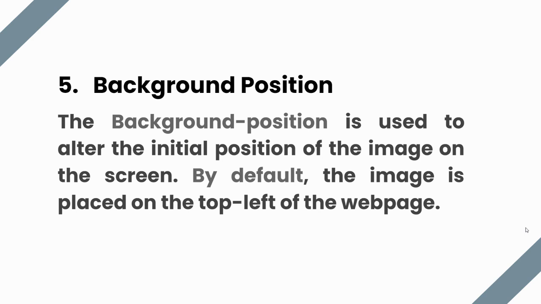So lastly, we have the background position. The background position is used to alter the initial position of the image on the screen. If you noticed in a previous class where we talked about images, by default the image is placed at the top left of the web page, depending on the elements that come before that image.